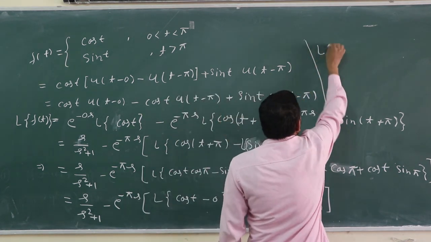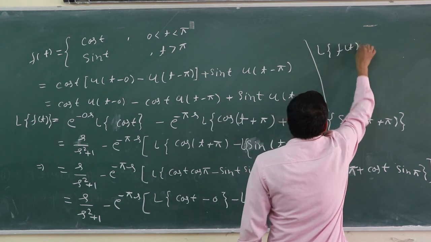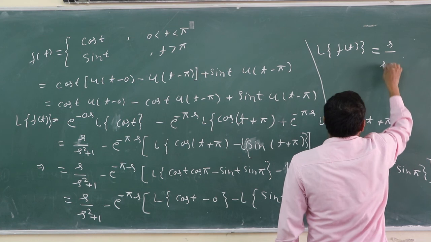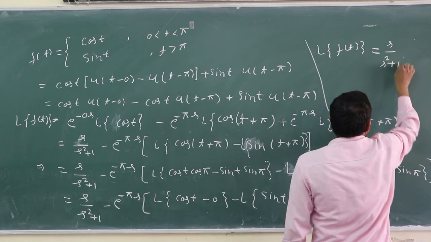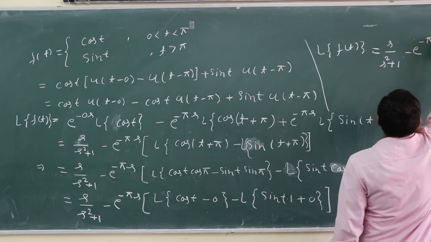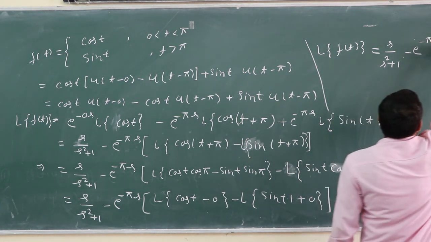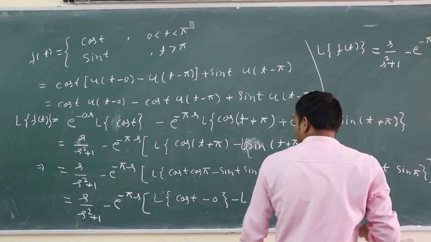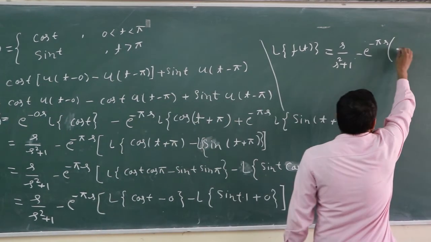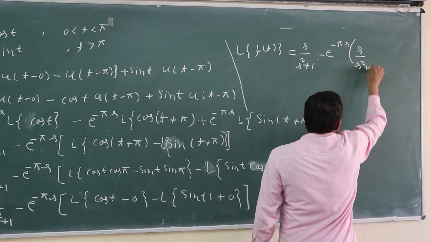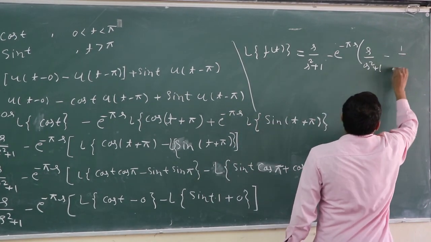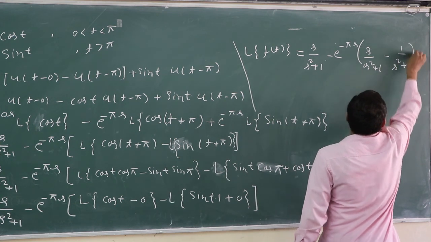So we can write simply Laplace of f of t equal to s upon s square plus 1 minus e to the power minus pi s, and Laplace of cos t is s upon s square plus 1, minus 1 upon s square plus 1.